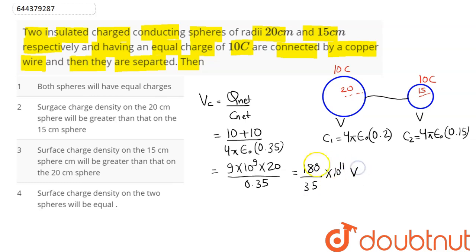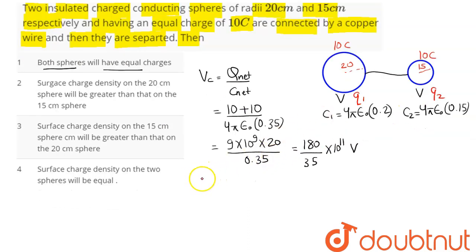Now for the first part, will both spheres have equal charges? After the sharing due to the connection, the two spheres will have charges Q1 and Q2, where Q1 equals C1 into the common potential V. C1 comes out as 4 pi epsilon naught into the radius 0.2, and the common potential we calculated as 180 by 35 into 10 power 11.